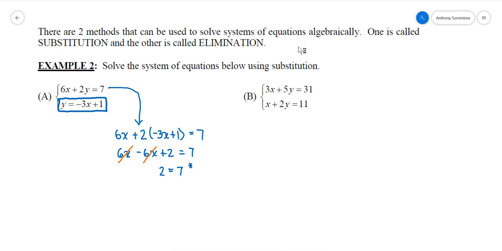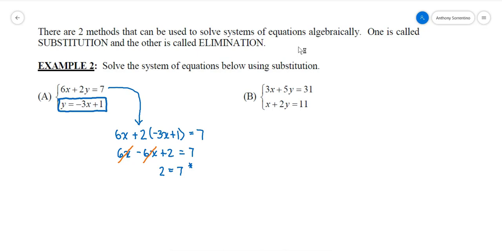Anytime that you're solving a system of equations, whether you're using substitution or elimination, if both variables basically disappear in the solution process, then I have a special case. It shouldn't happen all the time, but there are going to be problems where it happens. Hence, I'm putting the asterisk here.